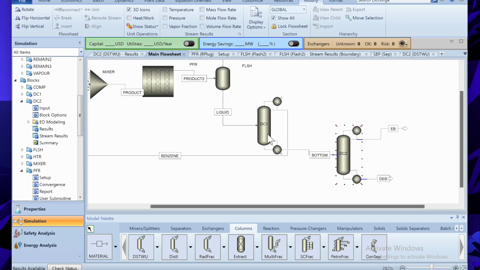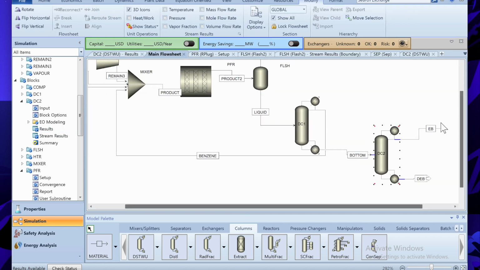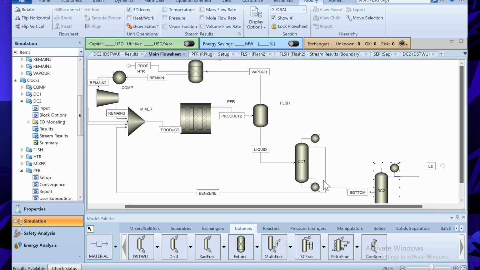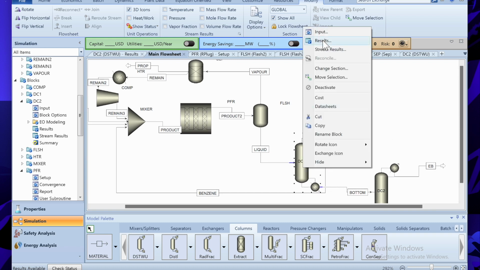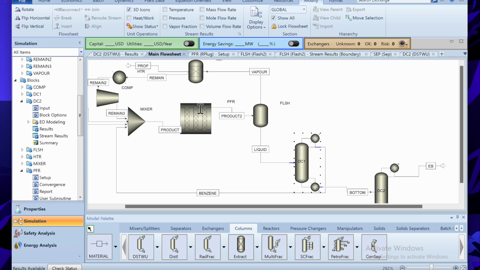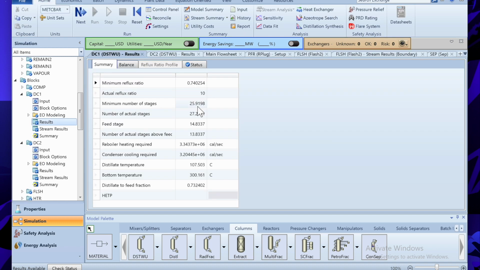Then the next one is this distillation column. So let's see the results for this distillation column. Okay, it is saying you have to give more stages.